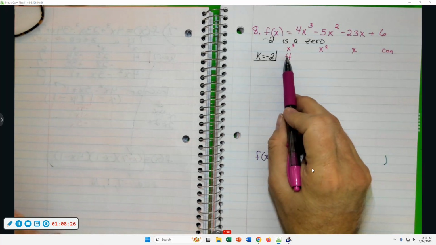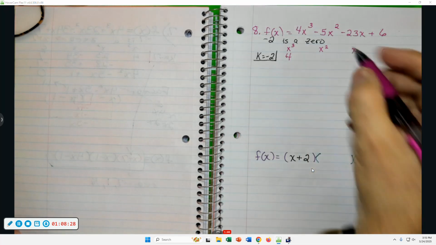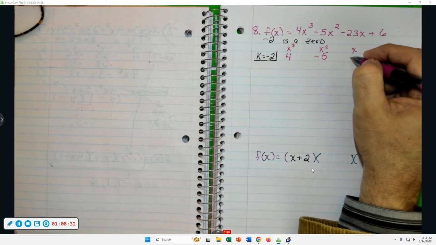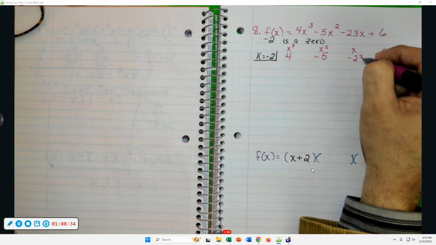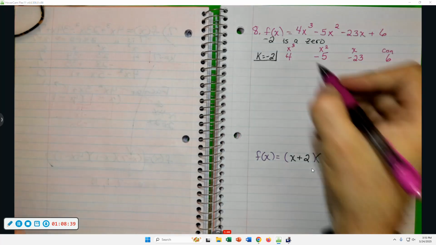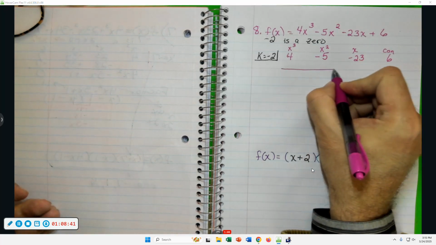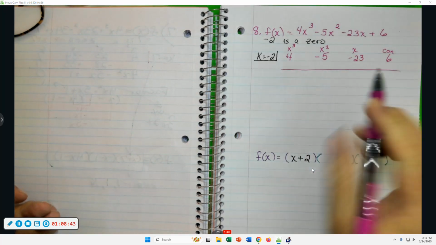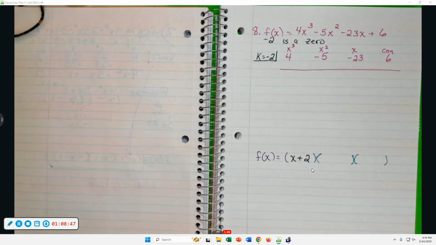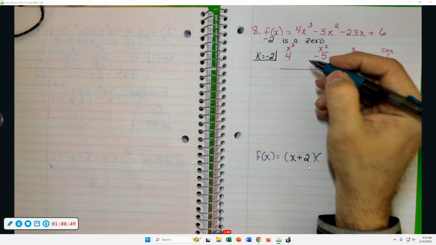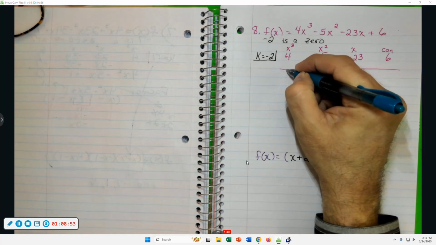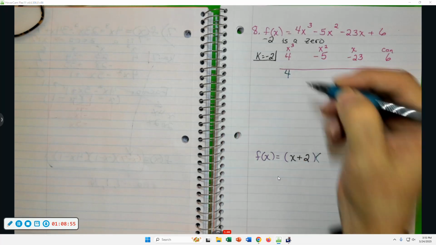So 4x to the third minus 5x squared minus 23x plus 6. The coefficients are 4, negative 5. Okay, to get started, what do we do? Bring down that leading coefficient.